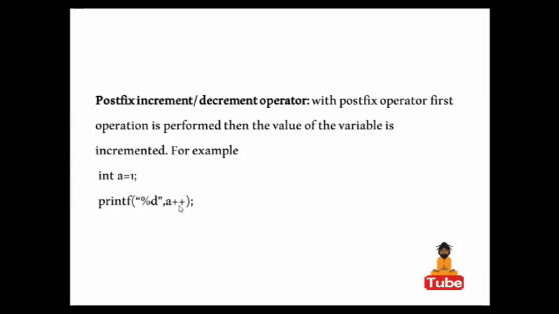But in this case, the operation of printing simply means it will print the value 1 and then the increment value to 2. So the value here will be printed is 1. So you need to understand the difference between prefix and postfix. In prefix, first the increment will be performed, then the operation, and in postfix, first the operation, then increment.